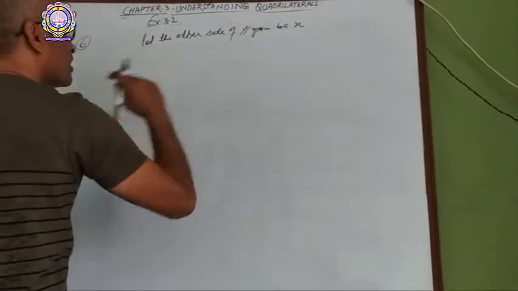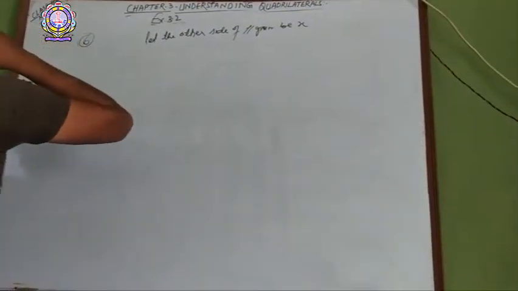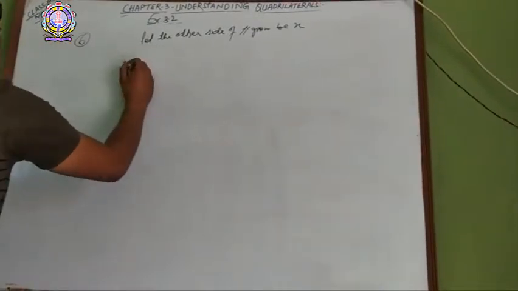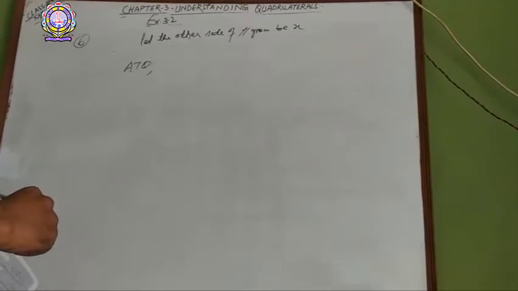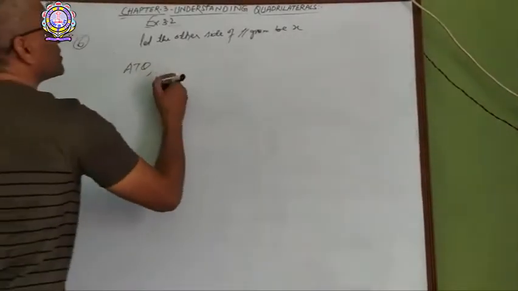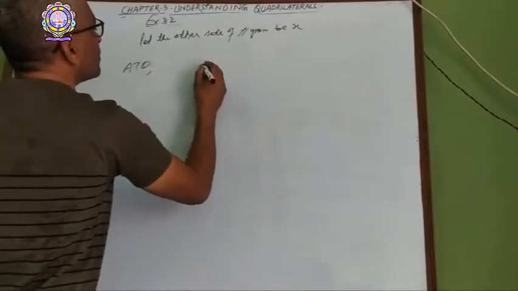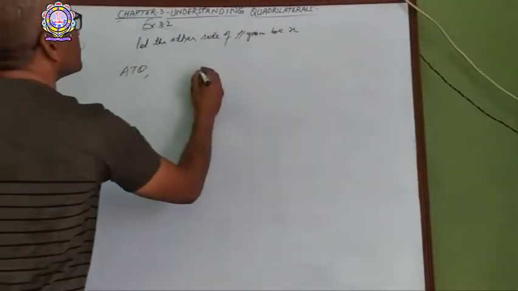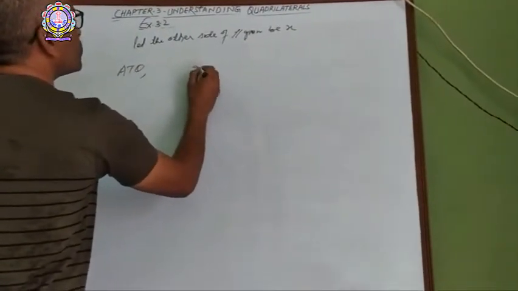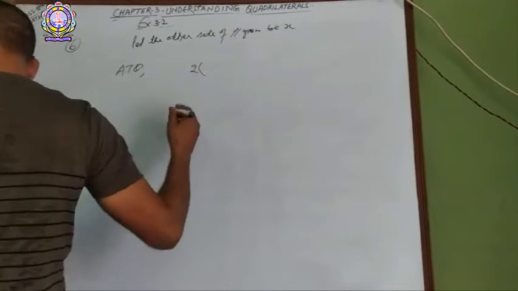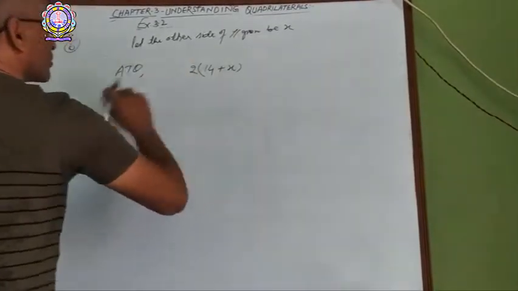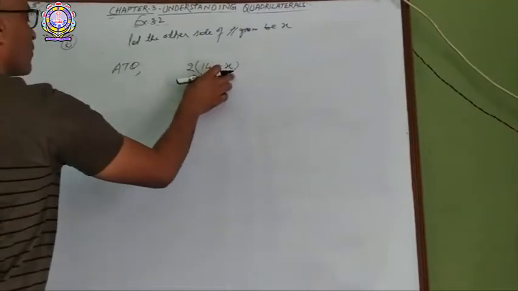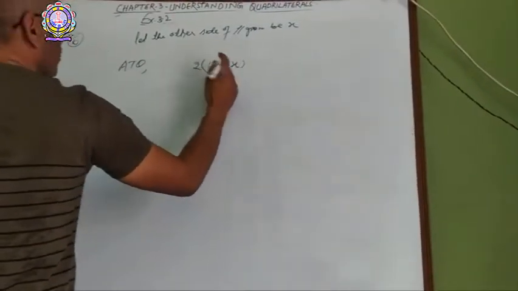Let the other side of the parallelogram be x. According to the question, we know that the perimeter of parallelogram is 2 bracket one side of parallelogram plus other side of parallelogram. This is the formula for perimeter of the parallelogram.